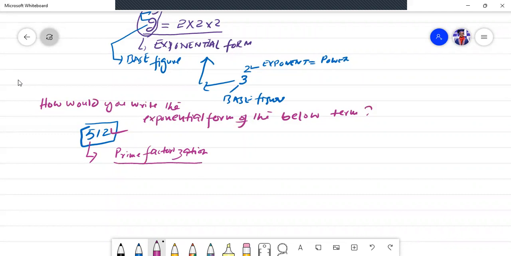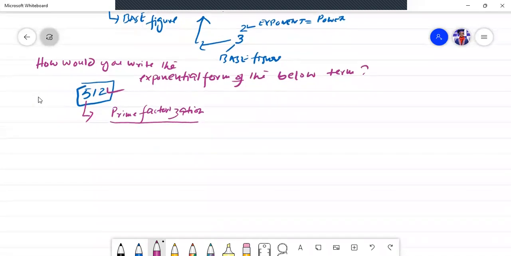And how will you do the prime factorization? Let me solve it here. 512, we are going to solve the prime factorization. Pick the table of 2: 2 to the 4, 5 to the 10, 6 to the 12.